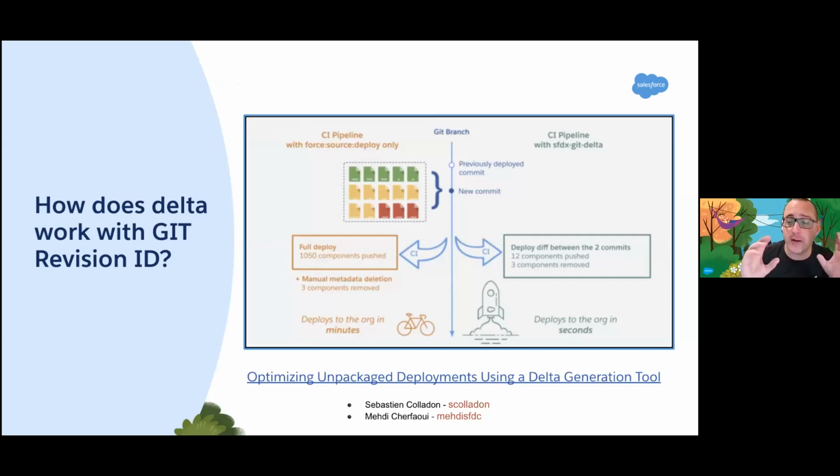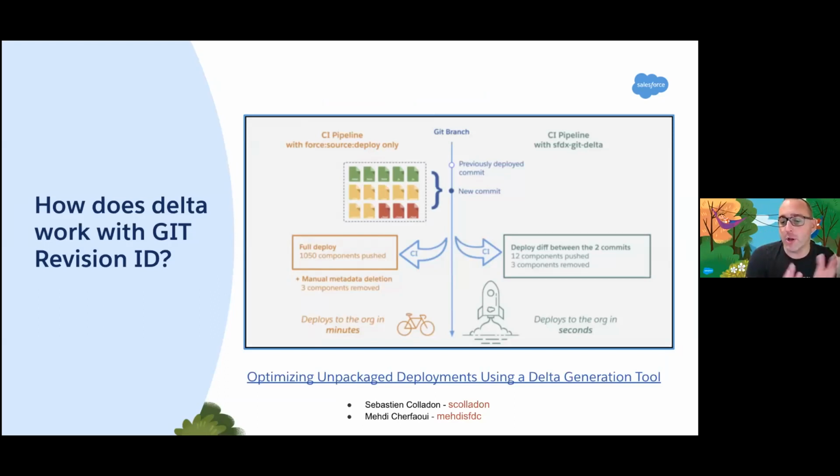So how does identifying components with Git actually work? Any files that are added are in green, those that have been modified are the icons in yellow, and those that have been deleted are the icons in red. Any files that are changed between two commits, we're going to get the file names, bundle those up, copy those to a deployment package, and deploy that package, not the entire repo.